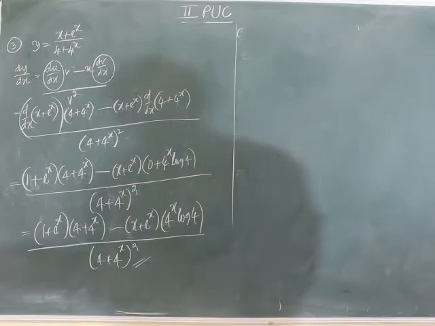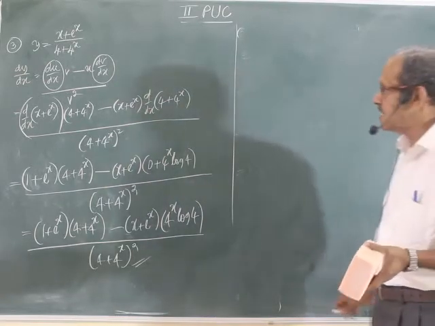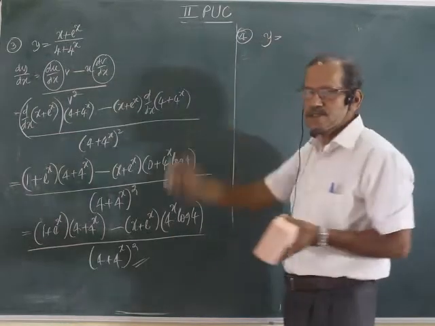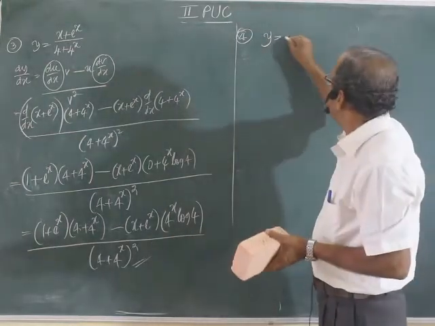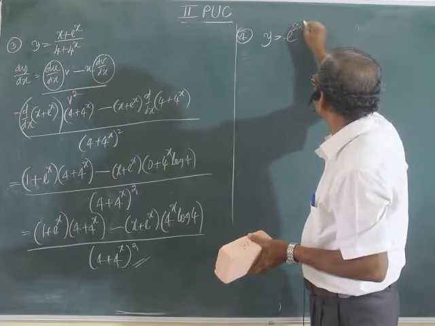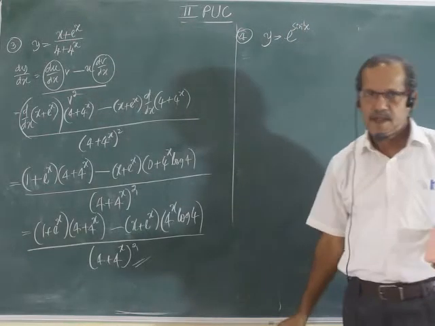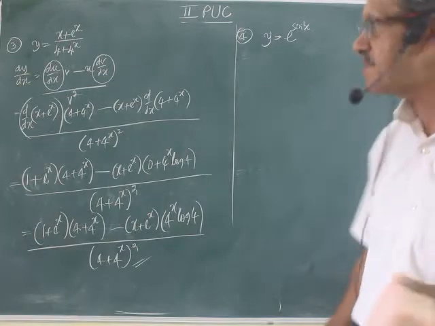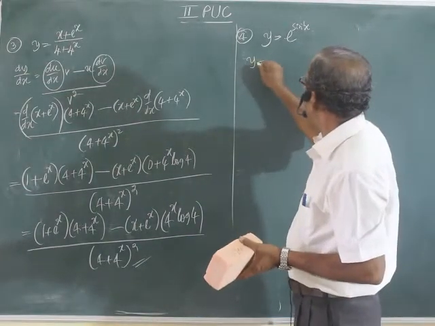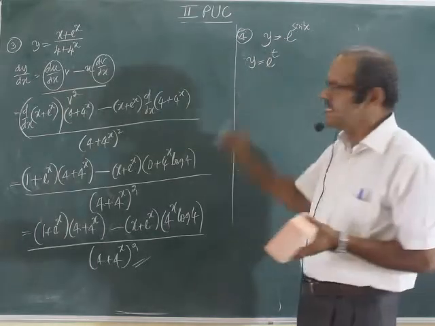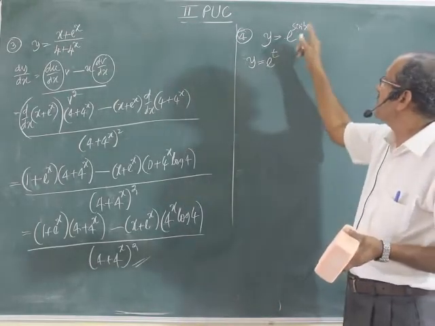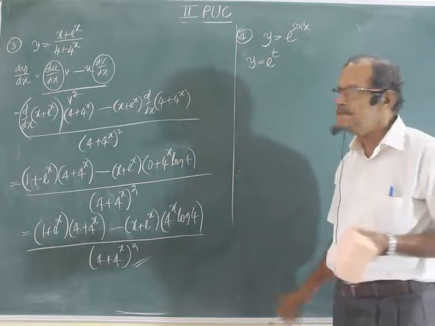Let me bring e to the power x and a to the power x in chain rule. Fourth one is y equal to e to the power sin inverse x. Bring that function in a chain rule. Y equal to e to the power, basic function e to the power, whatever there, inside that, write t.